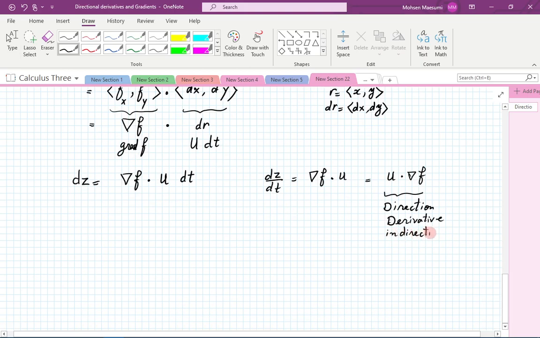In direction of u. Of course, you could specify that u in many different ways. Let's go ahead and do some basic exercises so that we are clear as to what we are doing, and so it doesn't look too theoretical. Suppose I have z. Let's take a simple function, z equals 5 minus 2x squared, say minus 3y squared.